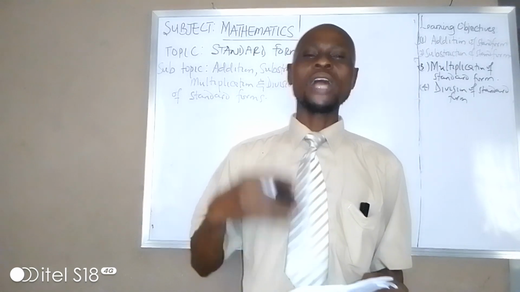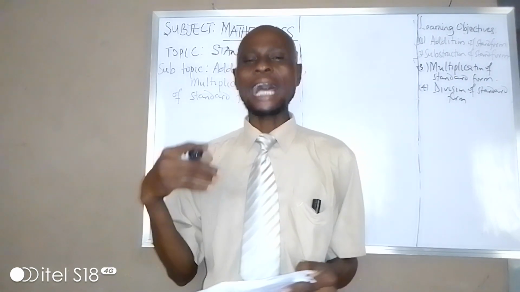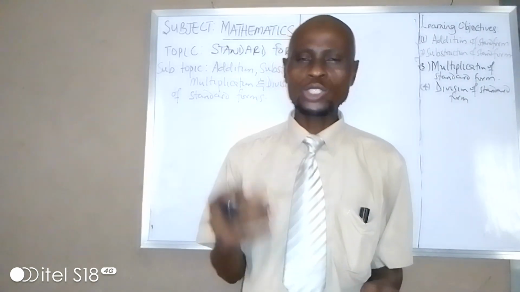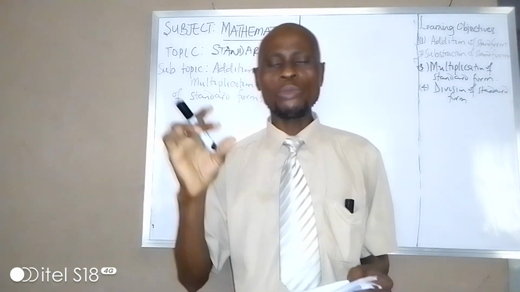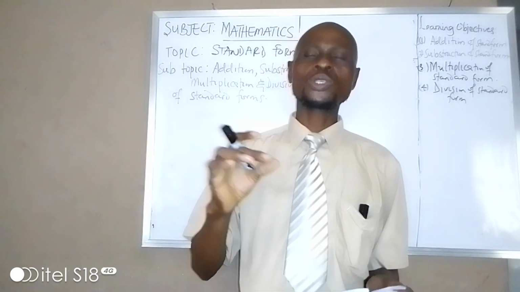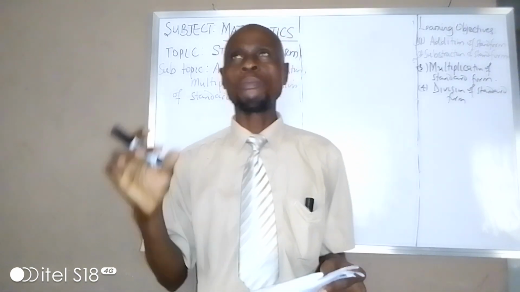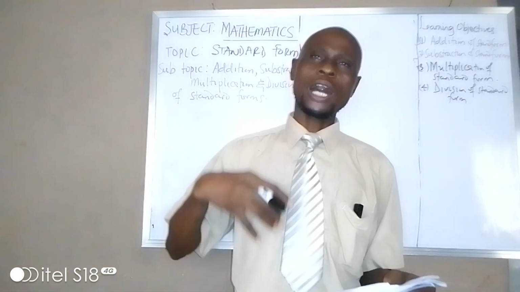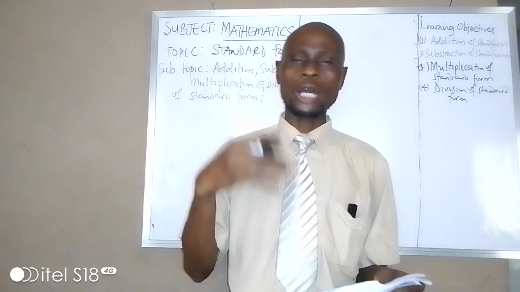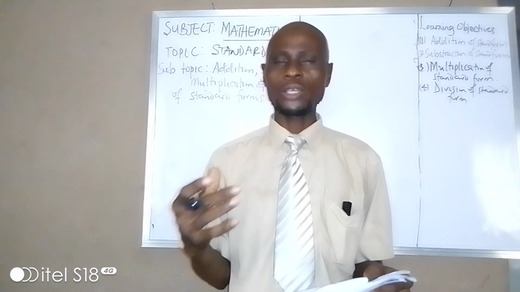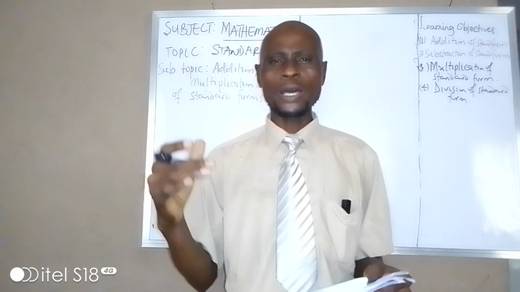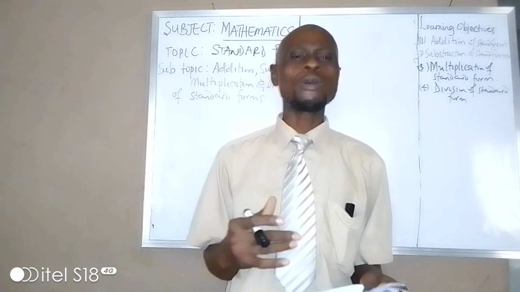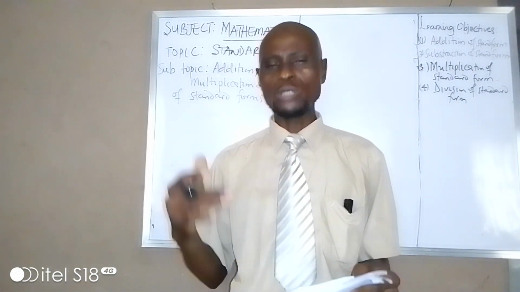But today, we are going to be looking at addition, subtraction, multiplication and division of standard form numbers. So if they give you some set of numbers in standard form, how do you sum it? How do you add them? How do you divide your standard form number? How do you subtract your standard form number? These are some of the things we want to answer in today's topic.